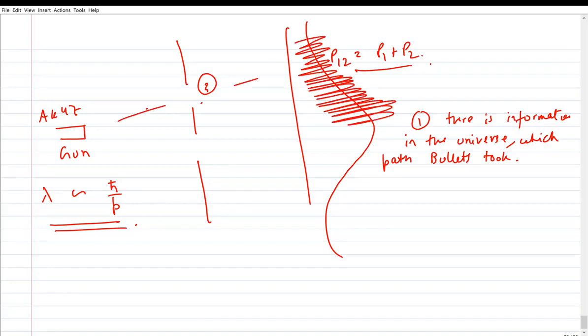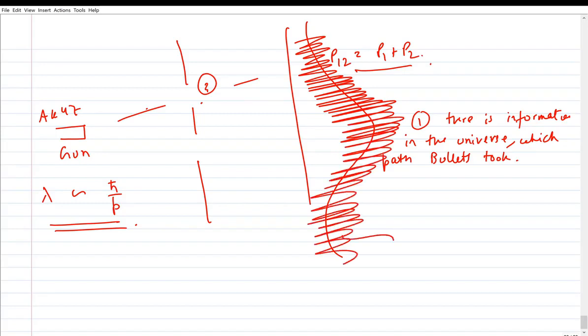Because of the tiny wavelength, this is the interference pattern for bullets, where the width between the fringes would be of the order of, I don't know, 10 to the power of minus 24.